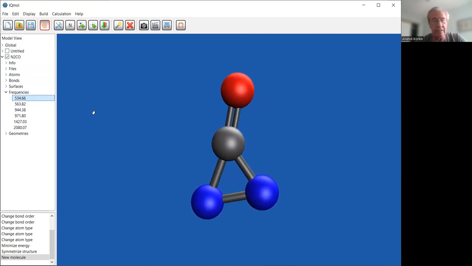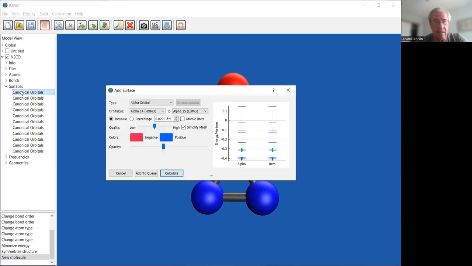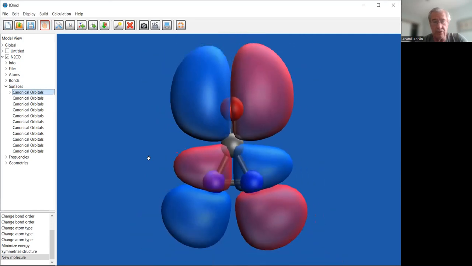Okay, so we did the symmetry assignment of these vibrations. Just for completeness, let us also assign a couple of orbitals, the highest occupied molecular orbital and the lowest unoccupied molecular orbital. Let's just calculate it. This will show you the highest occupied molecular orbital.